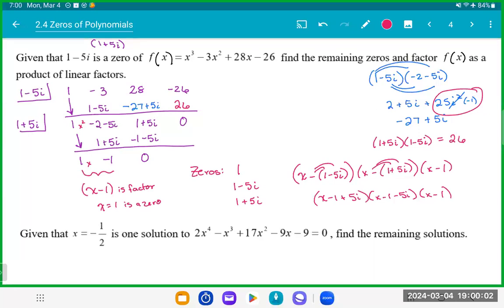And my negative sign, I accidentally erased that right there. So negative 25 minus 2 gives us that negative 27. And then the 5i just comes down because there was nothing to combine it with. Oh, got it. Thank you. Any other questions?